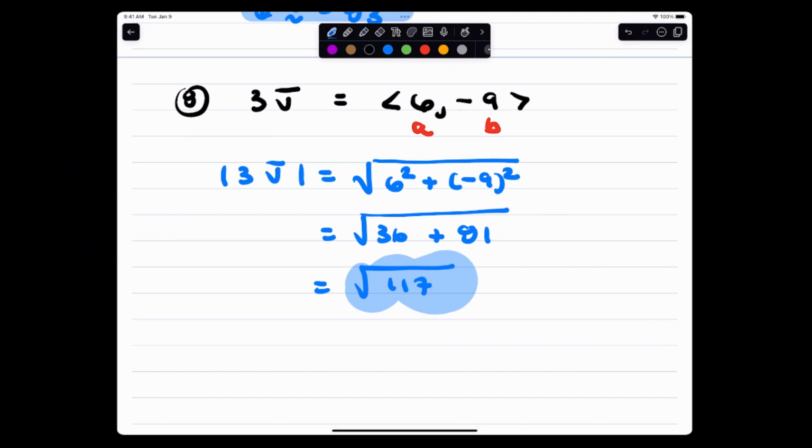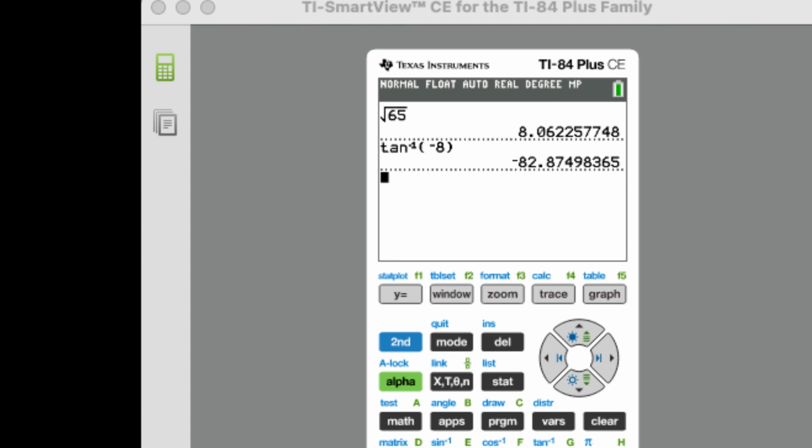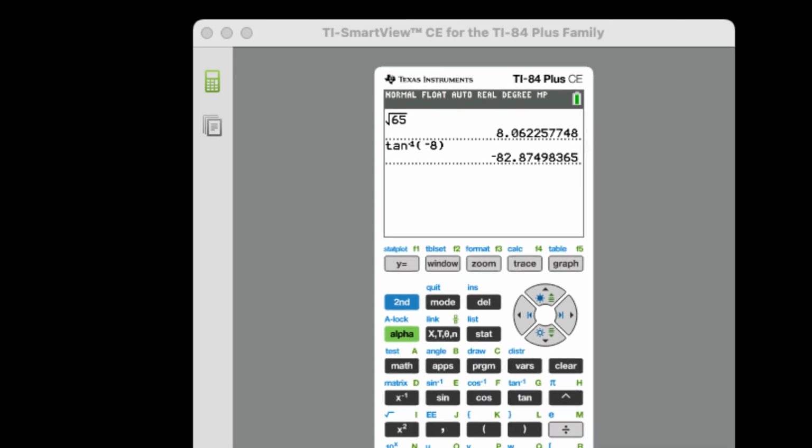Can we approximate this? Let's go to the tenths. Let me scroll out so you guys can see everything.